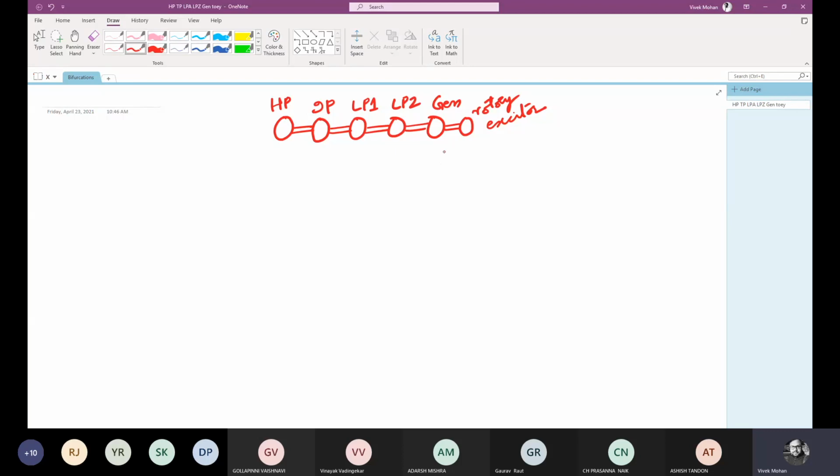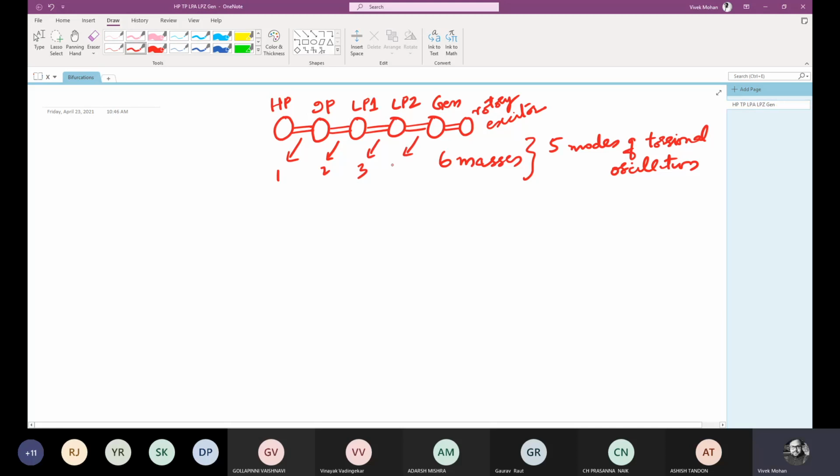Now this is a multi-mass system with 6 masses. This can have 5 modes of torsional oscillations. You can see the shafts here: 1, 2, 3, 4, 5.